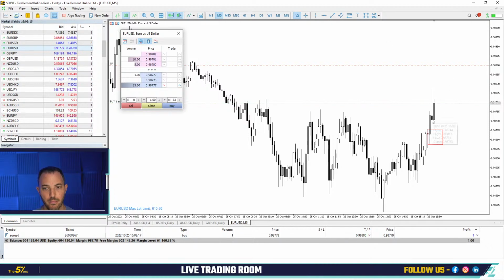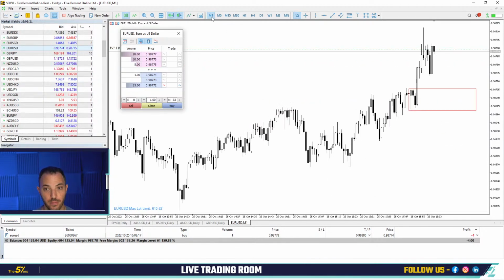I'm glad that after this tail on the 5-minute chart we didn't have continuation lower. Instead, the buyers are present. Let's see if we can get some more continuation.